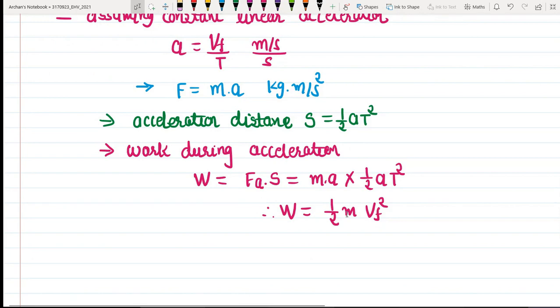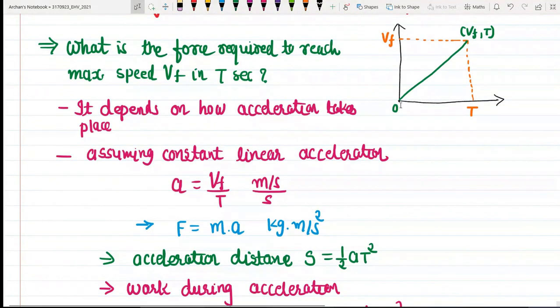Now if we talk about the power, then we need to calculate this power in two forms. First is the amount of power required by the vehicle to move from this position to final position in certain time t. It will take some average power, right? So we need to consider the average acceleration power as well as the maximum power, which is called peak power.